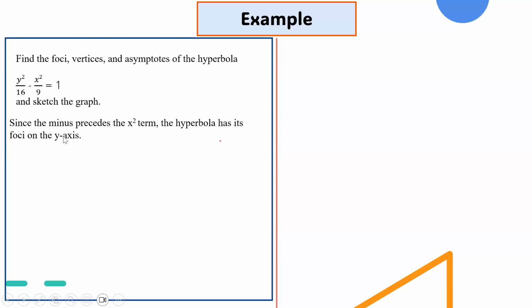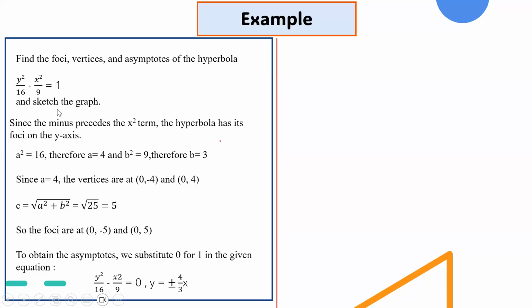And we also have to sketch the hyperbola. So since the minus sign is in front of the x squared term, the hyperbola will have its foci on the y-axis.